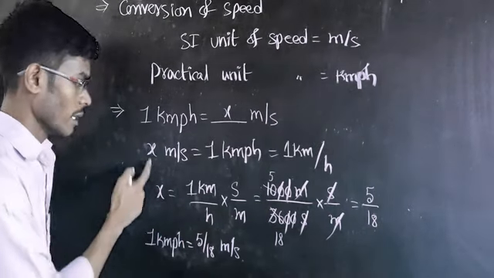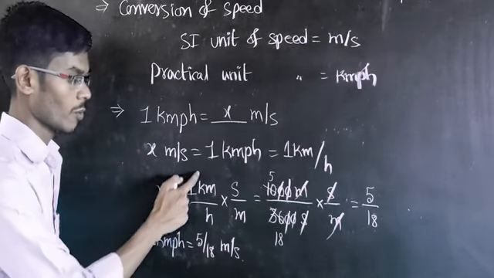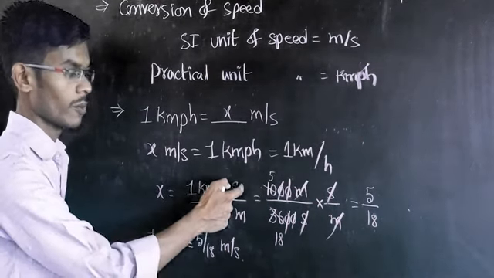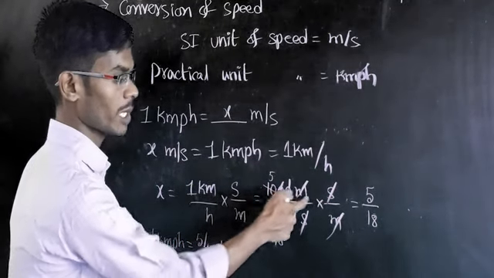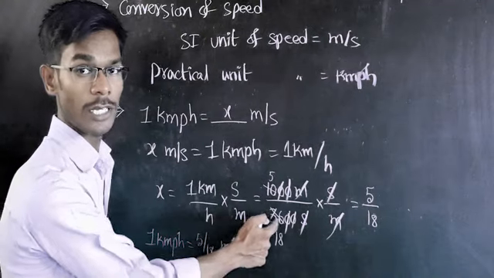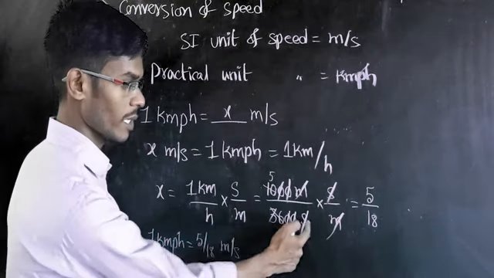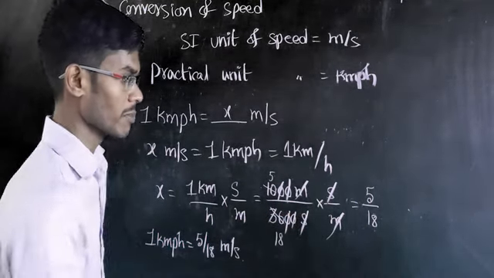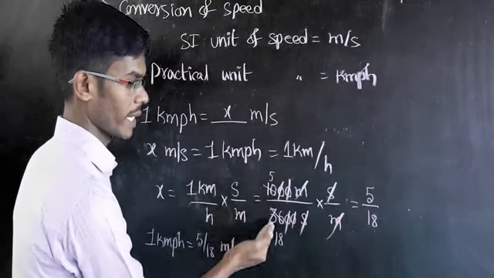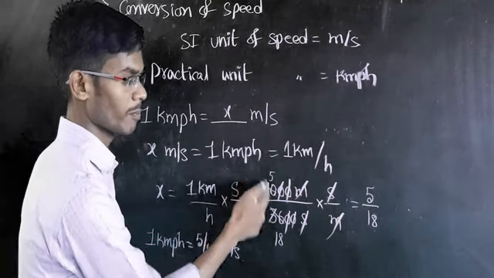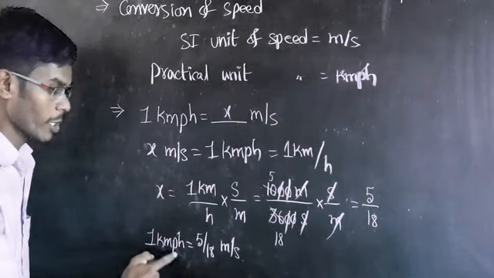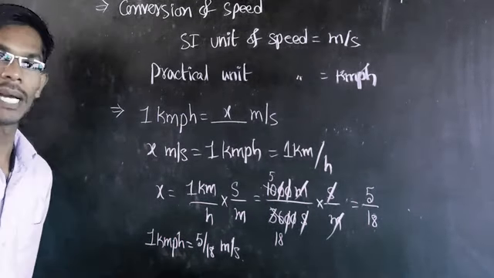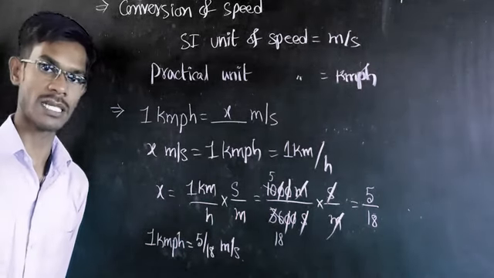So x is equal to 1 kilometer by 1 hour into second per meter. 1 kilometer is 1000 meters and 1 hour is 3600 seconds. Cancel the common terms and finally we get the fraction 10 by 36. Simplifying, we get 5 by 18. Then 1 kilometer per hour is equal to 5 by 18 meter per second.